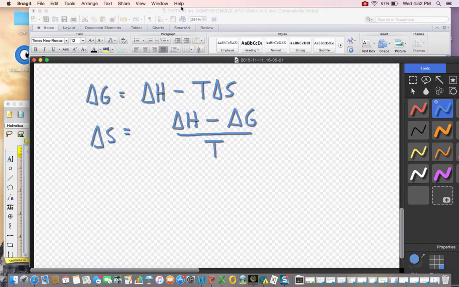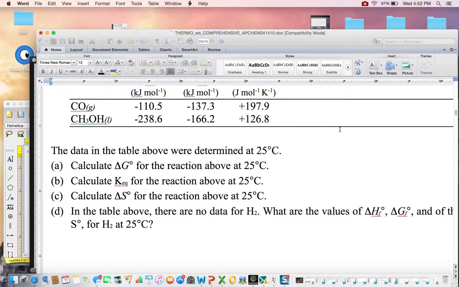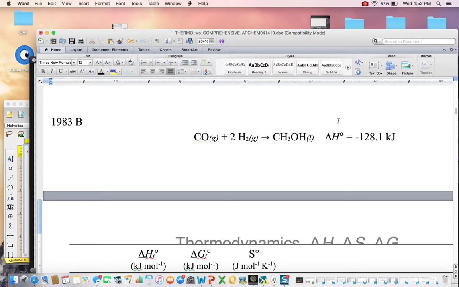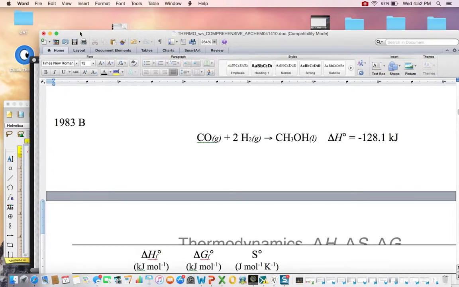Now we also need to notice something else about this reaction. If we look at the equation, we have 3 moles of gas producing 0 moles of gas. The entropy change must be negative, and so that allows us to check our answer.